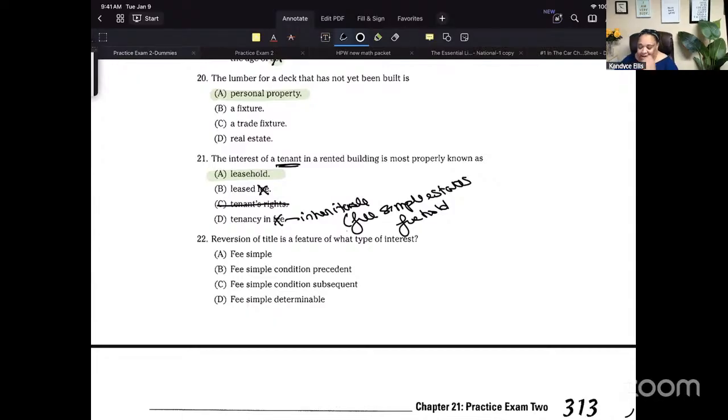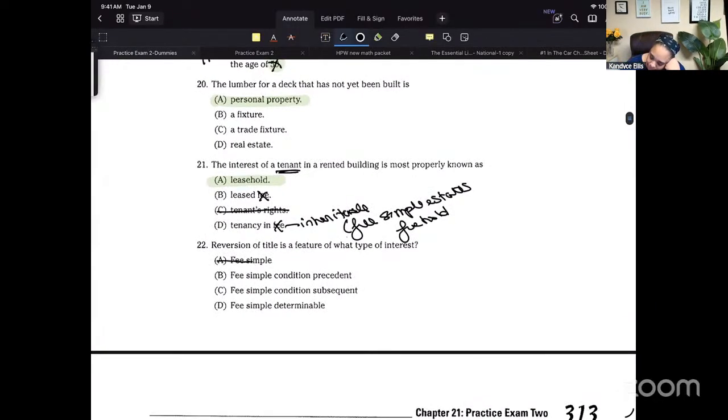Well, it's not A. And I don't think it is B, because if it's a fee simple condition precedent, that means before you could even have the house, you had to meet the criteria. So if you didn't meet the criteria, it would have never been yours, and there's nothing to revert back. Does that make sense?